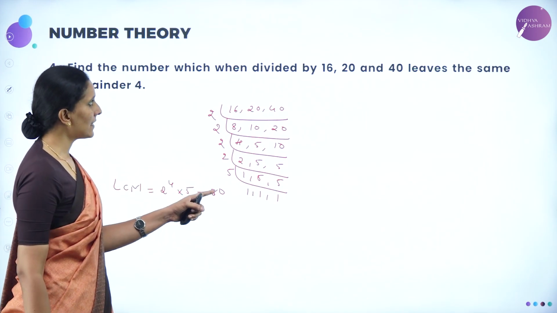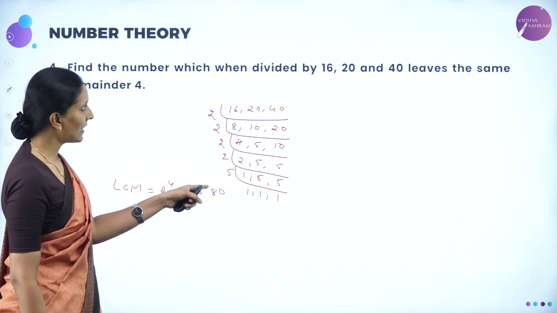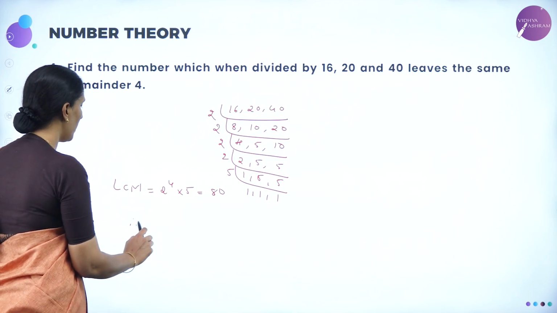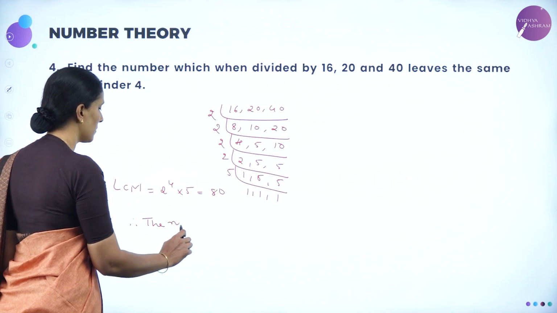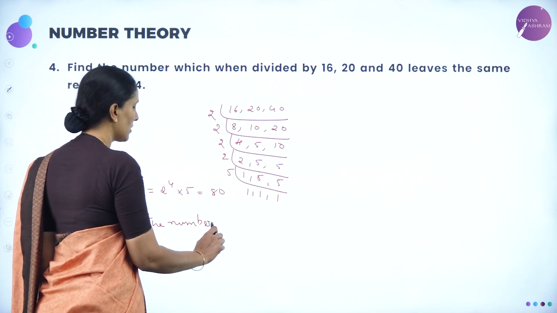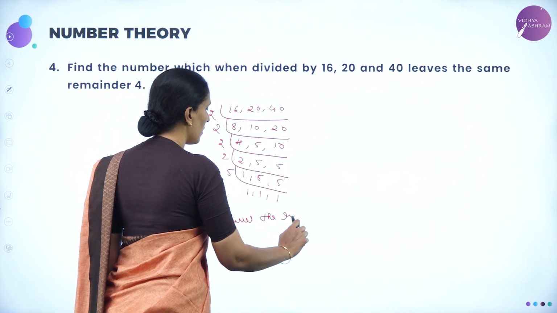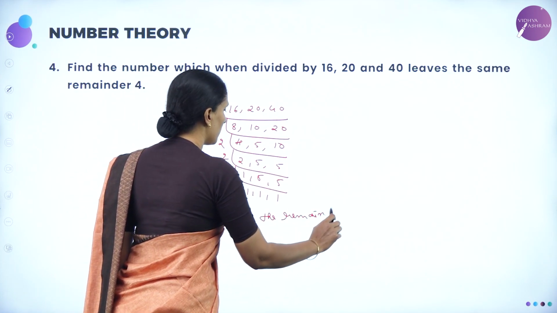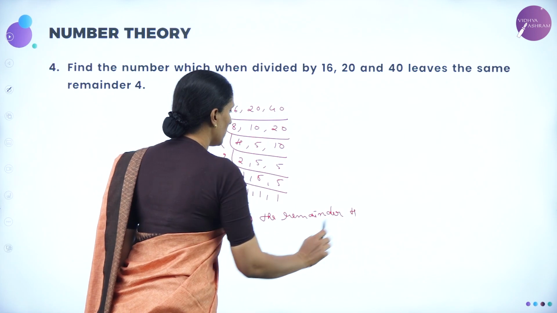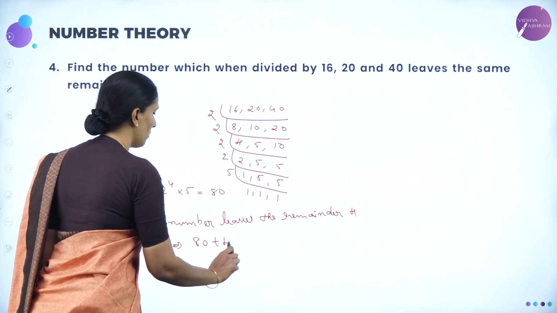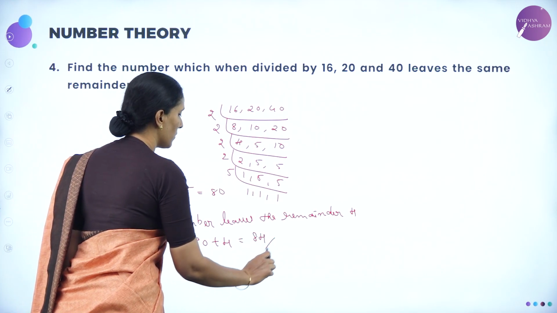So 80 is the least number which is divisible by all these three numbers. The number leaves the remainder 4, so the number is 80 plus 4, which is equal to 84.